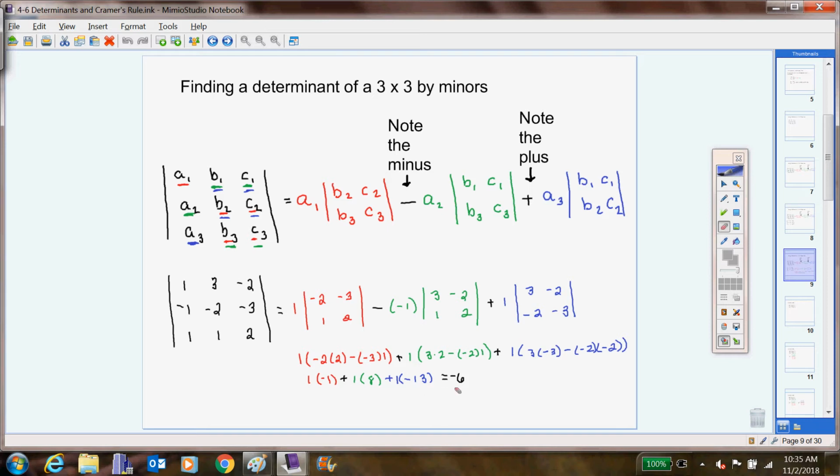Each one of these calculations, especially with pencil and paper, is fairly easy. It's just a matter of getting the hang of the process.